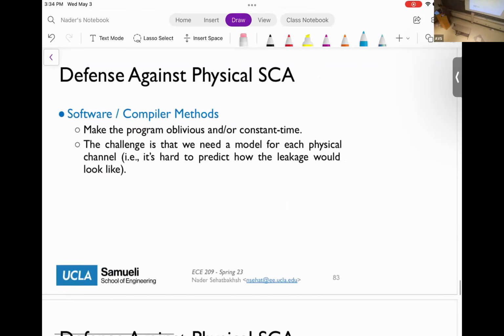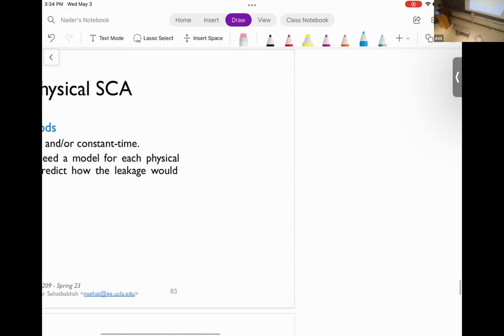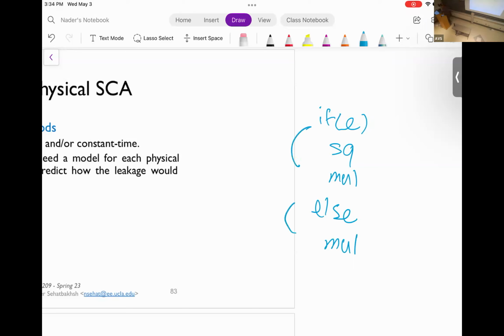Remember the lots of examples that we gave you. For example, the RSA one: if E, then do square and multiply, else we had only multiply, right? And this is fundamentally problematic for side channels because you have different paths in your program. For one path, you have square and multiply; for the other one, you have just multiply.